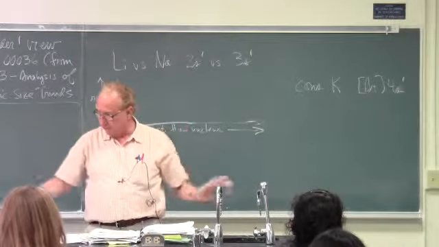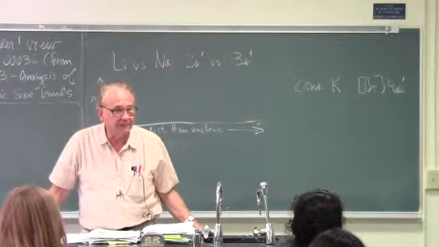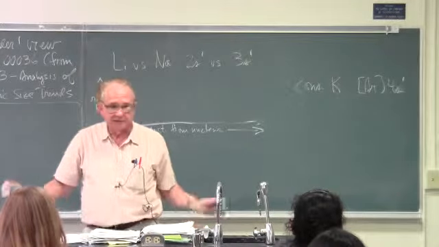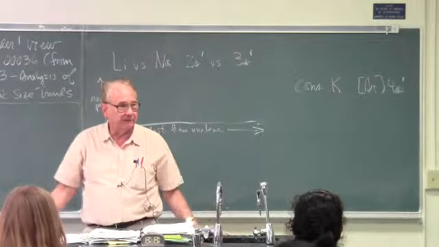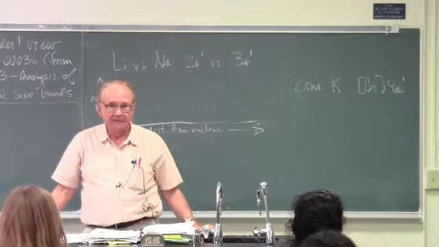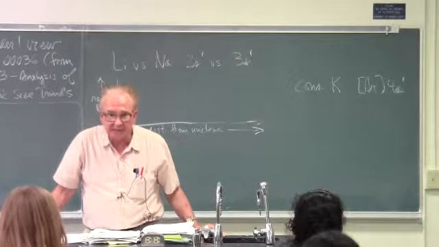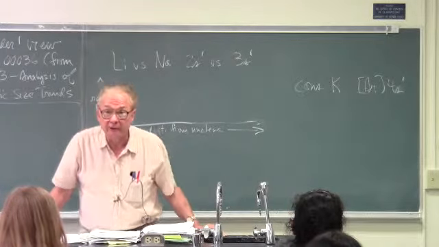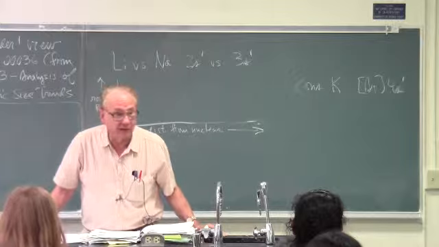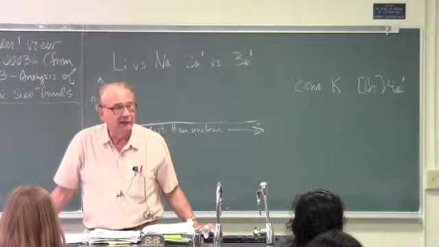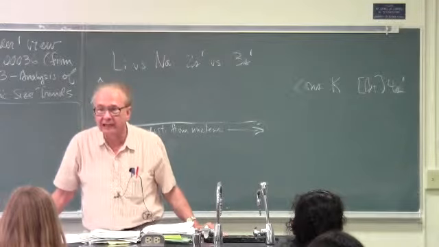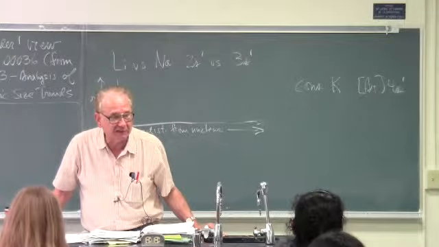So it doesn't make any difference when I'm at the center of this sphere which direction I look, since a sphere is perfectly symmetrical about its nucleus. So I'm going to stand at this nucleus of the K atom, and I'm going to look in a direction. I don't care what direction. And I'm going to see all the electrons of which the electron configuration of this atom is composed.